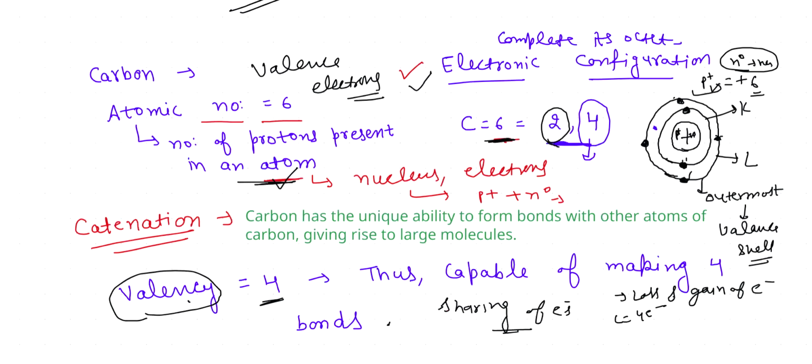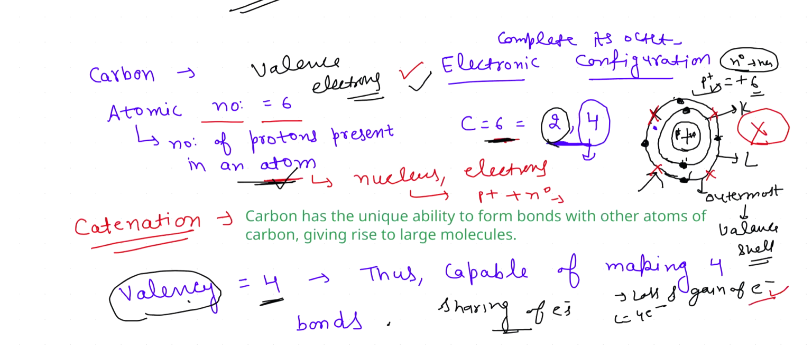If 4 electrons are added to this carbon atom, this is also not possible, because a large amount of energy is involved in the process of loss and gain of electrons. So this is not possible.